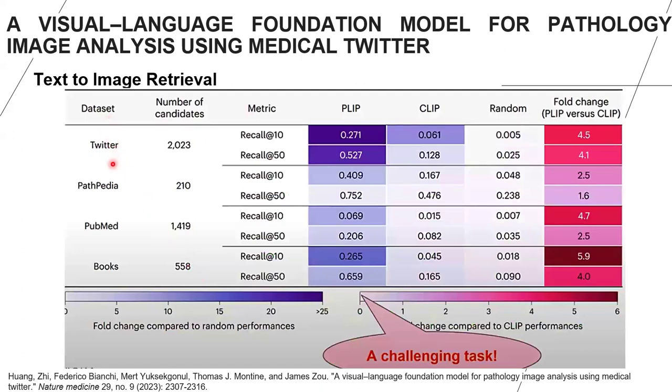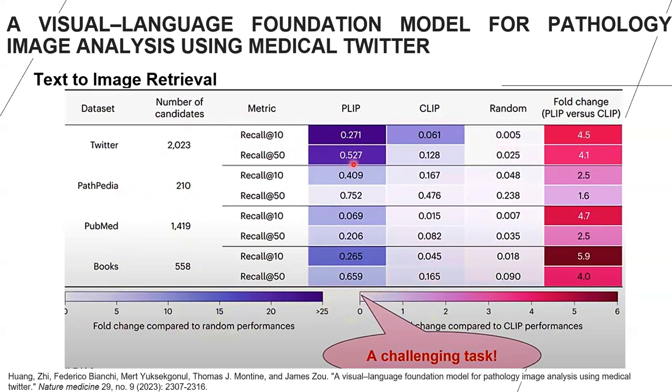These are the datasets for Twitter, Pathpedia, PubMed, and books. For the top 10 results, PLIP is 27%. For CLIP, it is far less, that is 6%. And the overall change is 4.5, so PLIP is performing 4.5 times better than CLIP.